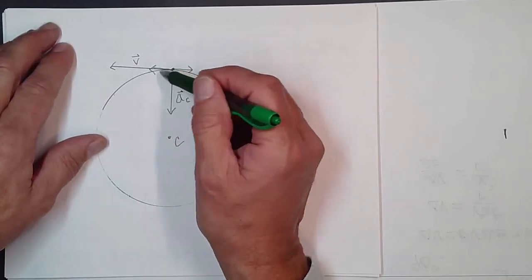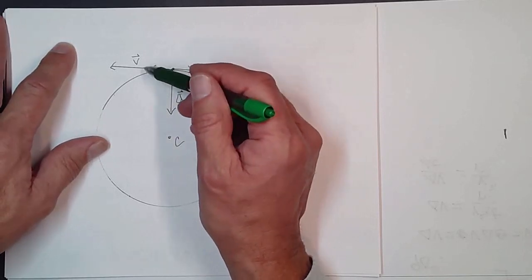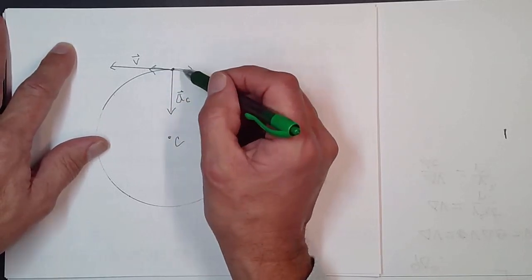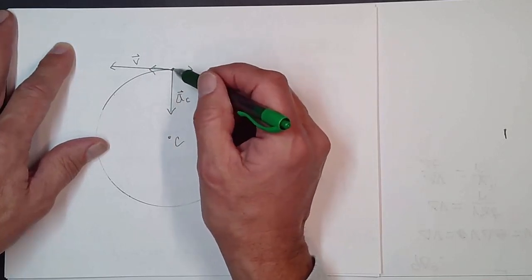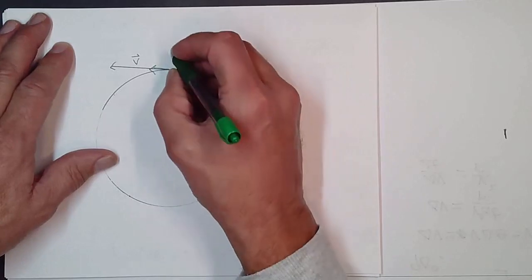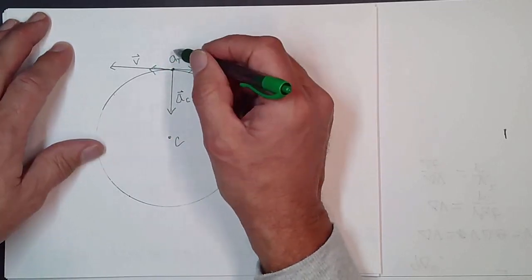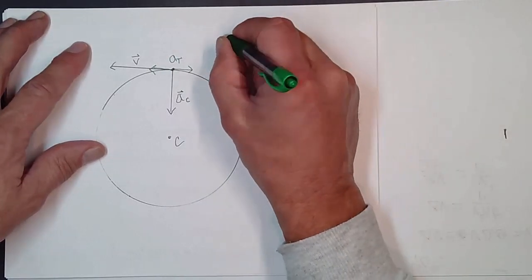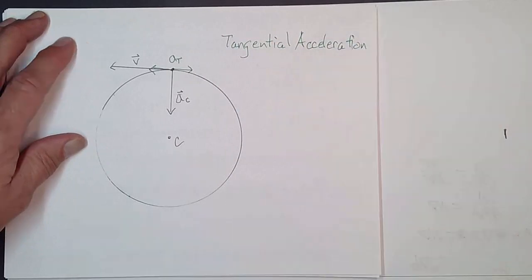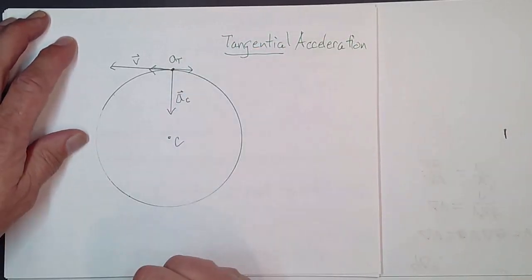And this acceleration at any given instant will be either in the same direction of the velocity or the exact opposite of the velocity. And so it is also tangent to the circle, and we call that acceleration, we'll use an a sub t here, tangential acceleration. It's always tangent to the circle.